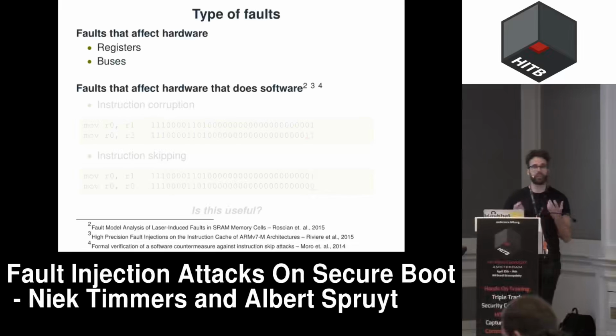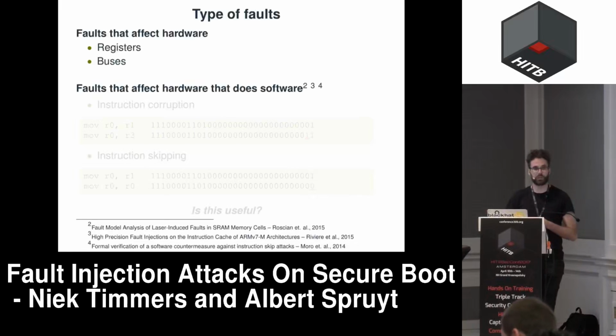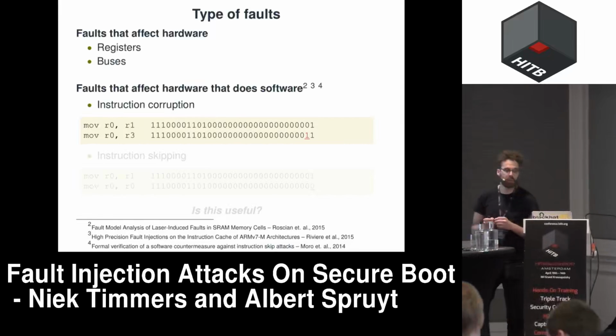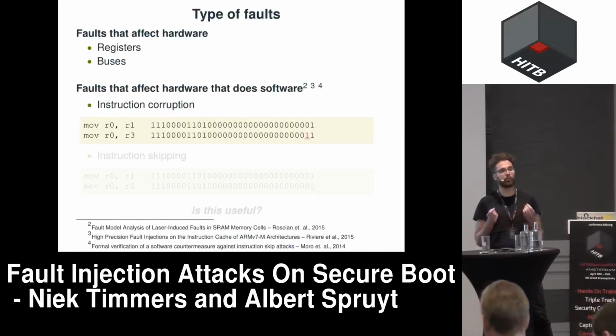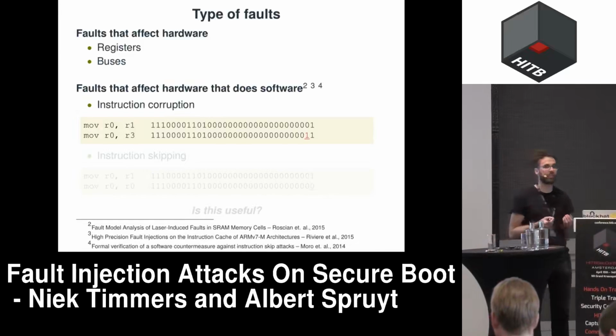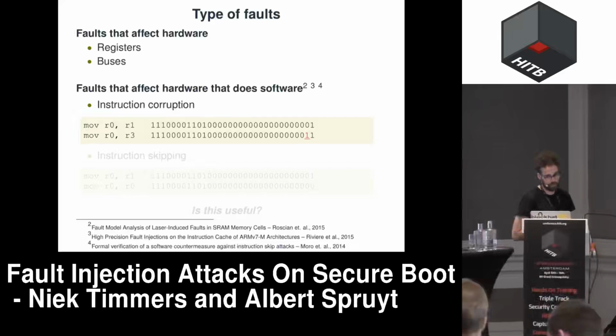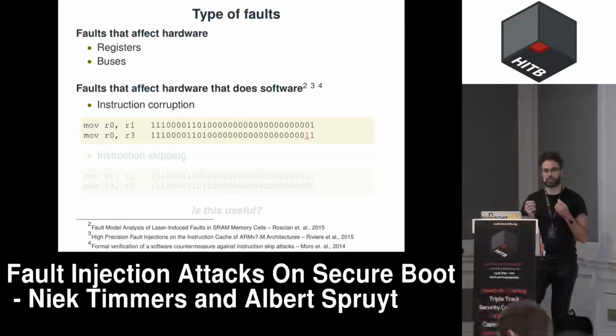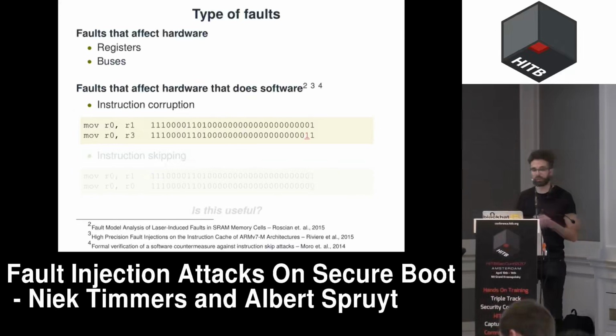One thing we can do there is instruction corruption. The first line of this snippet shows the original instruction, and using fault injection, we can change a bit in the instruction's encoding in order to change this instruction to something completely else. Depending on the number of bit changes, this can range from changing the operands to changing the opcode itself.